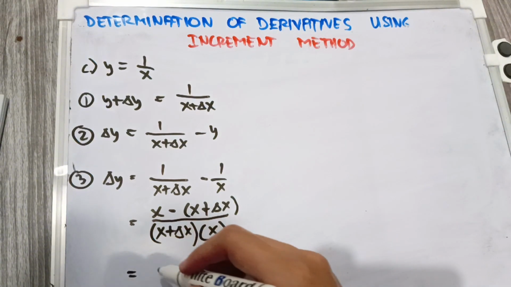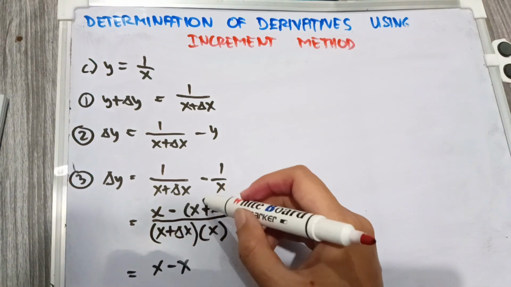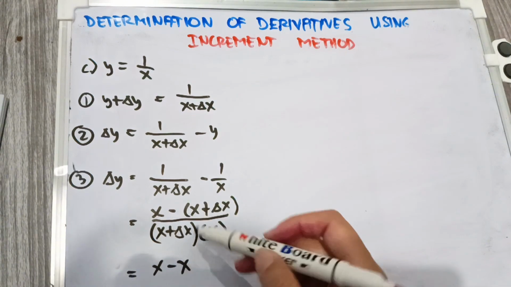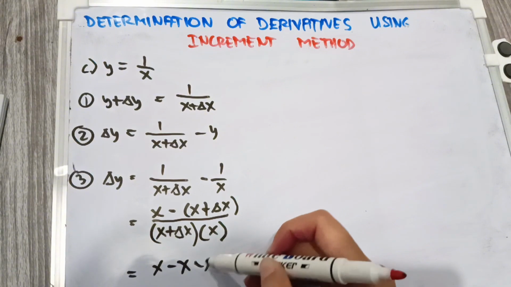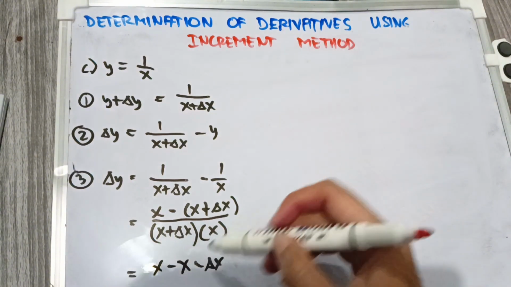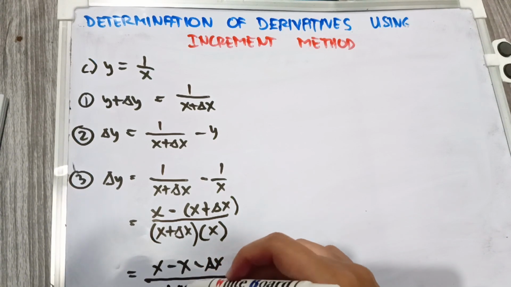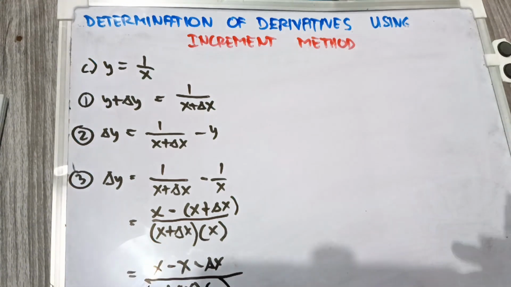Now let's distribute the negative sign. This one, negative times x is negative x. Negative delta x will be negative delta x. Then copy x plus delta x and then multiply by x.